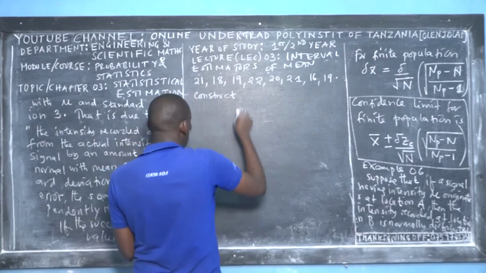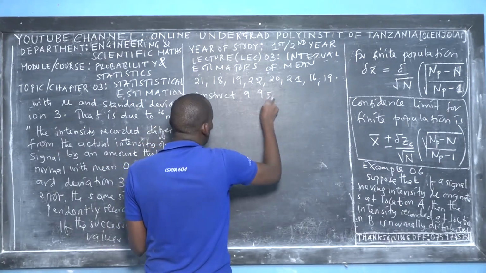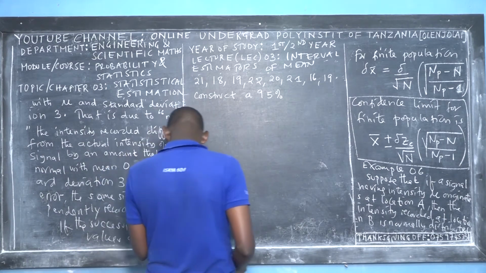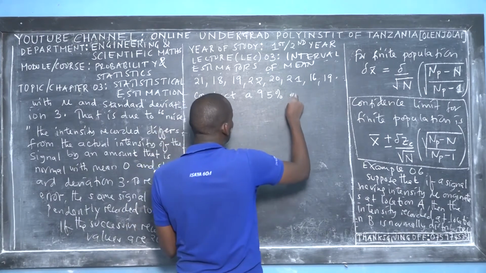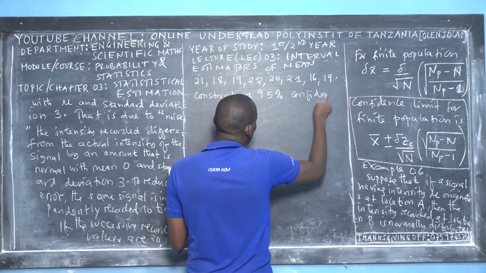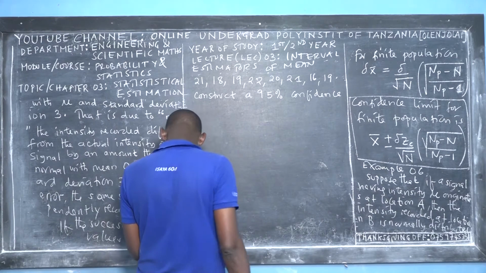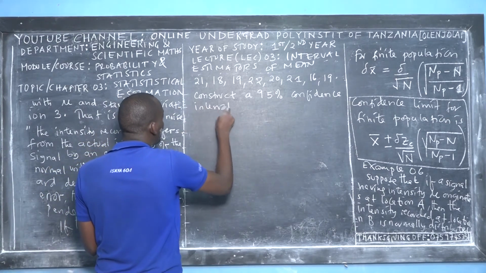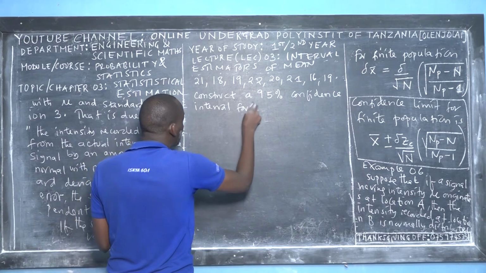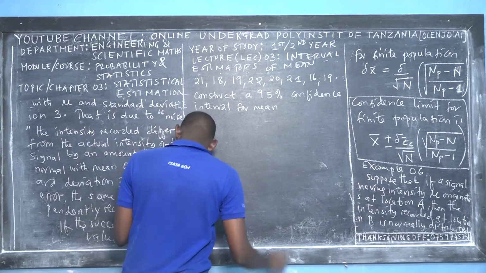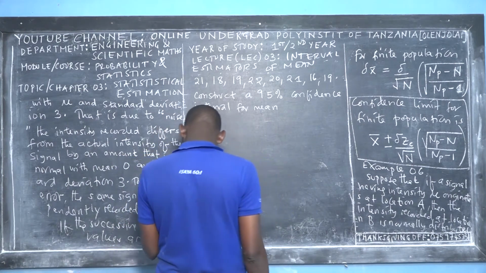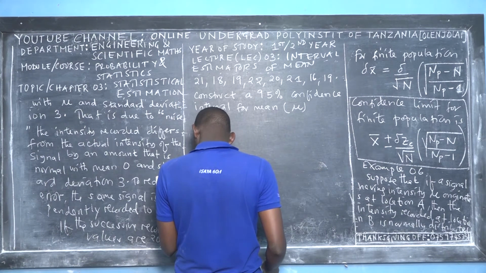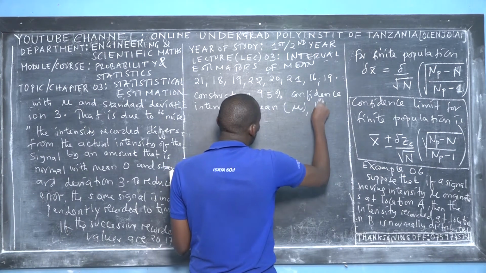It's 30, 25, confidence interval, for mean, interval for mean, the actual intensity.